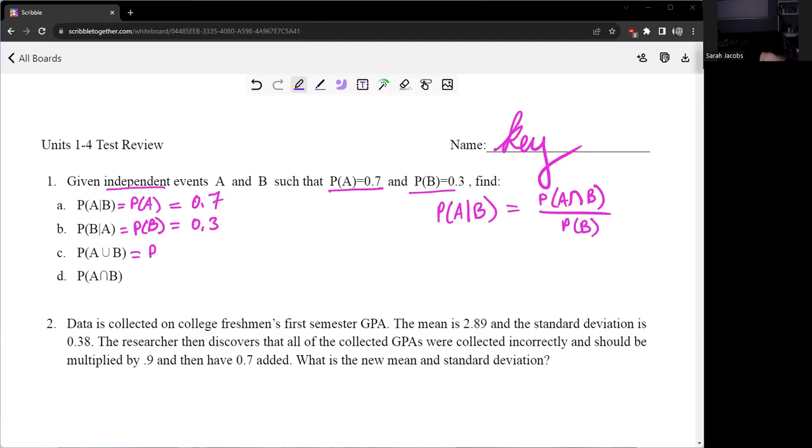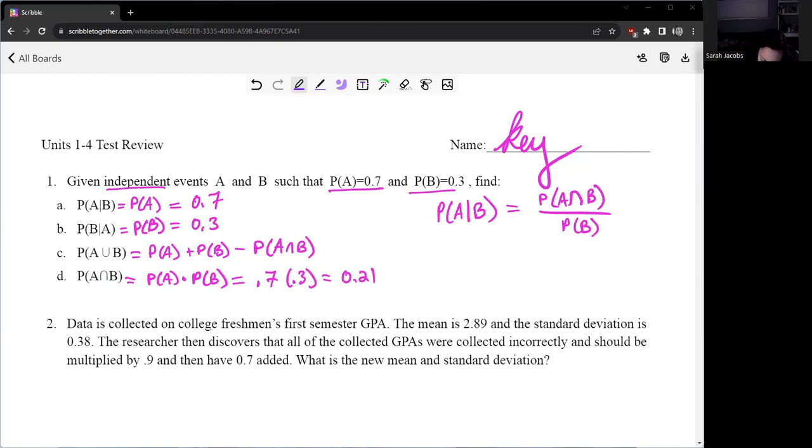So that's going to be the probability of A plus the probability of B minus the probability of A and B. Now, what's fun here is this is asking for the probability of A and B. So let's find that first. Probability of A and B is the probability of A times the probability of B for independent events, which in this case is going to be 0.7 times 0.3 or 0.21.